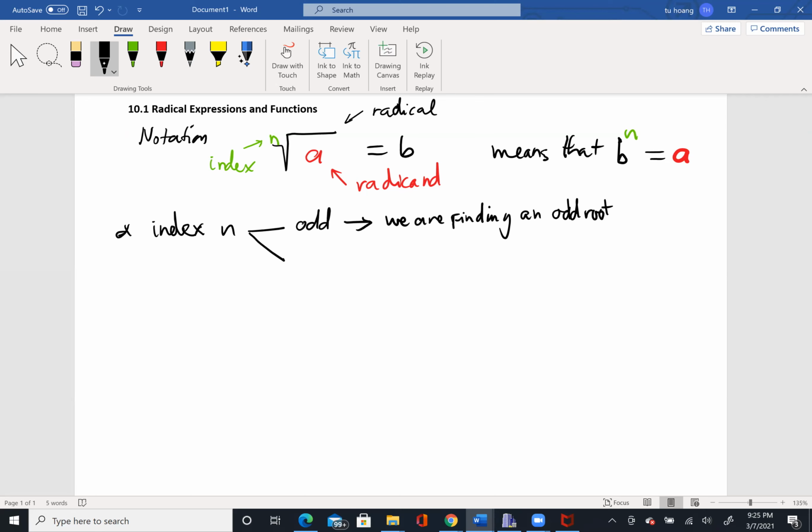Okay, and in the case that n is even, we are finding an even root. Okay.